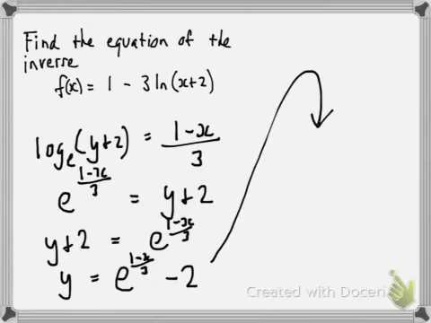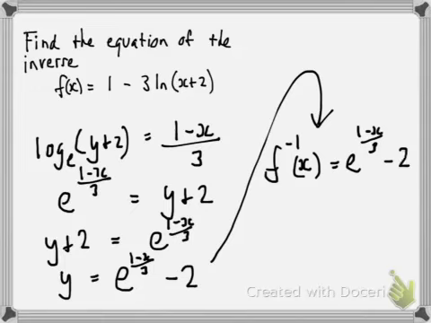To put that in the correct form, it's now f minus 1 of x equals e to the power of 1 minus x on 3, take 2. And there we are, there's the answer.